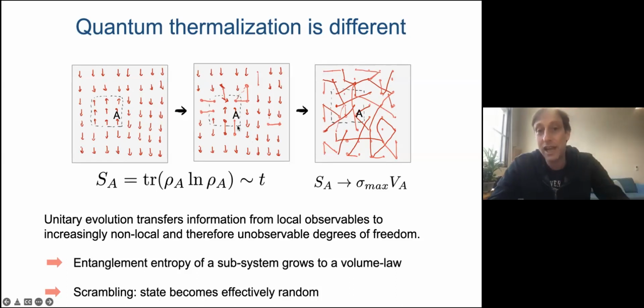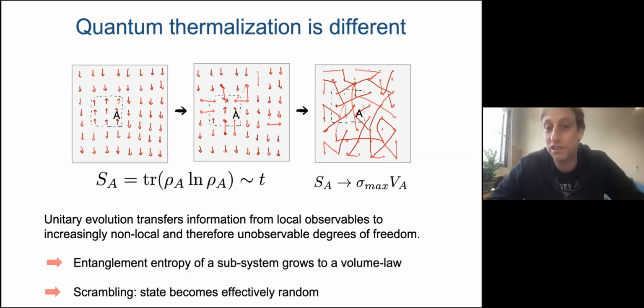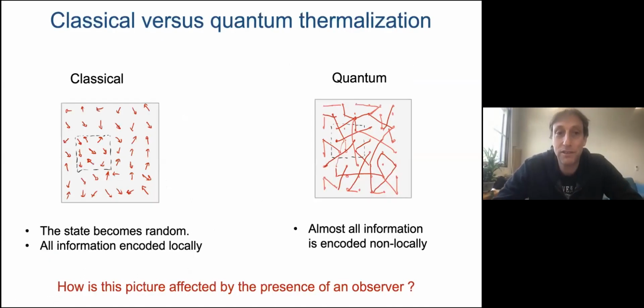In generic time evolution, that reduced density matrix will have an entropy that grows linearly in time, which means there is more and more information shared between this subsystem and the rest of the system. Eventually it will saturate to a value proportional to the volume of the subsystem, which means that the information has become as non-local as it could be. So that's the main difference between the classical and the quantum system.